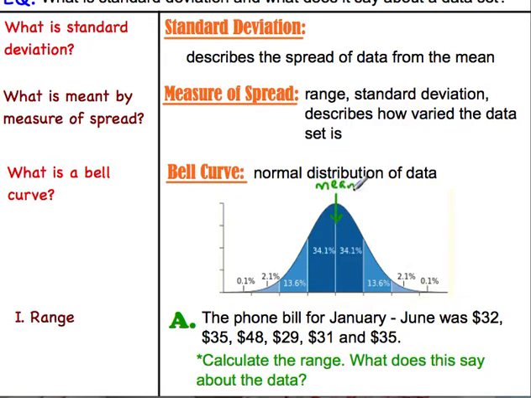And when we take a look, you see that we have these two 34.1%. At this point here and this point here, this is what we call one standard deviation away from the mean. And this is where 68.2% of our population of whatever it is we're surveying, if it falls in a normal distribution, will fall within here.